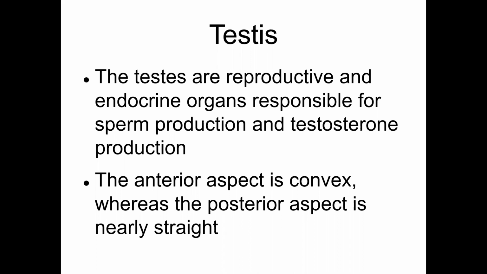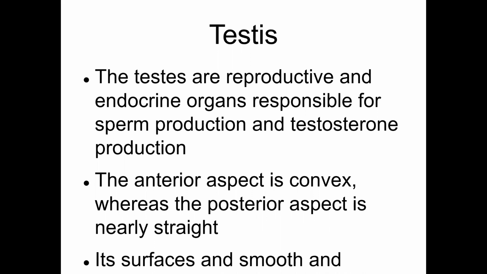The anterior aspect of the testis is convex, the posterior aspect is nearly straight. Its surfaces are smooth on all sides, except where you can see on the lateral side the sinus of epididymis.